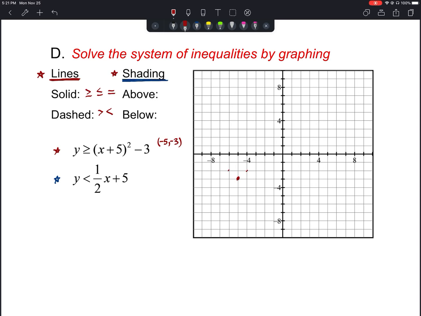It's got standard growth, so you can go ahead and plot the points as you need to. And then when I graph this one, I know this is all the y values that are greater than or equal to. So since it's equal to, we need to make this a solid line, or a solid curve, I should say, since this one actually isn't a line.